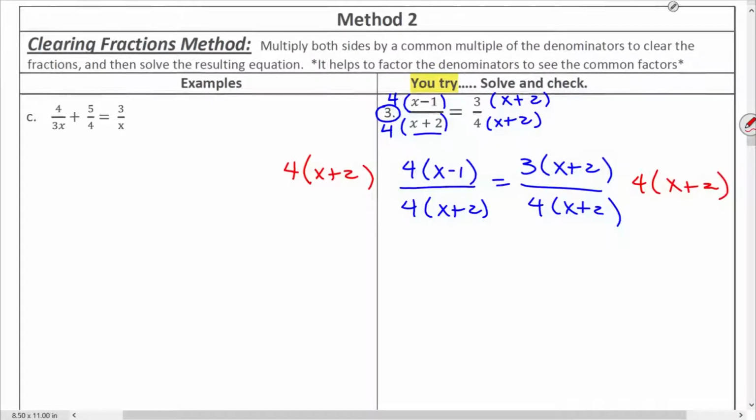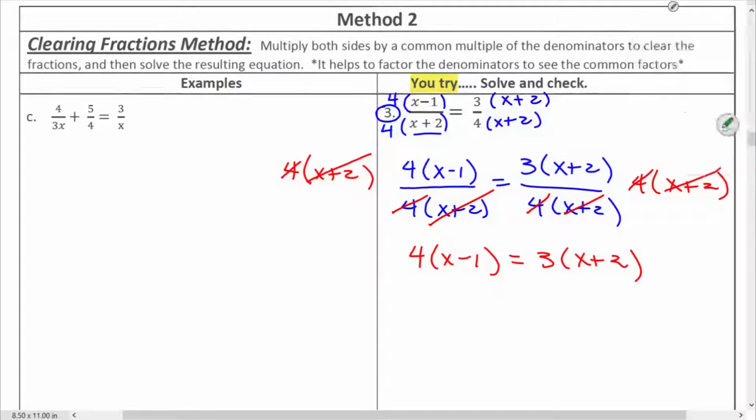And what happens is that these 4's cancel and the x plus 2's cancel on both sides. And what I'm left with is 4 times x minus 1 is equal to 3 times x plus 2. And then I can solve this equation.